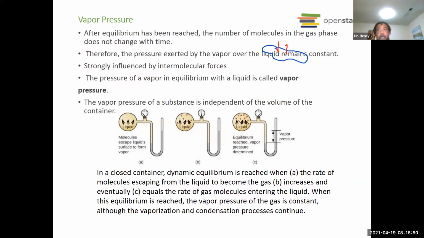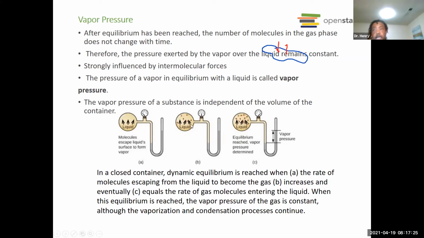Okay, so again, vapor pressure is the pressure of the vapor at equilibrium on the liquid. So here we have a liquid in a closed environment. So this is a closed container. As we first put the liquid in there, and let's say this is our mercury that's going to be determining our pressure, there's going to be a minimal pressure that exists.